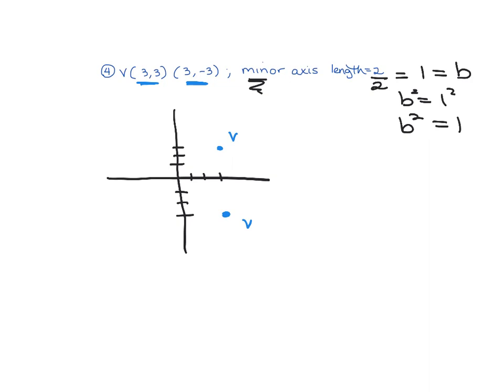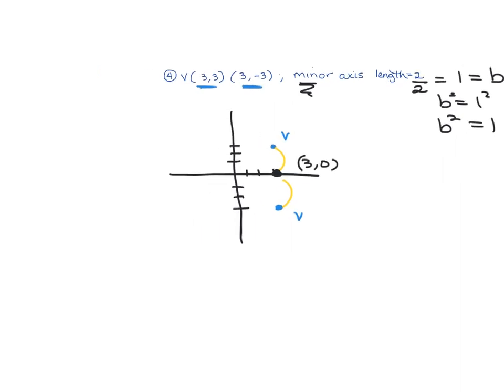Notice there's 3 spaces right here and 3 spaces right here. So you can see that your center point is going to be right here, and your center point is going to be 3, 0.